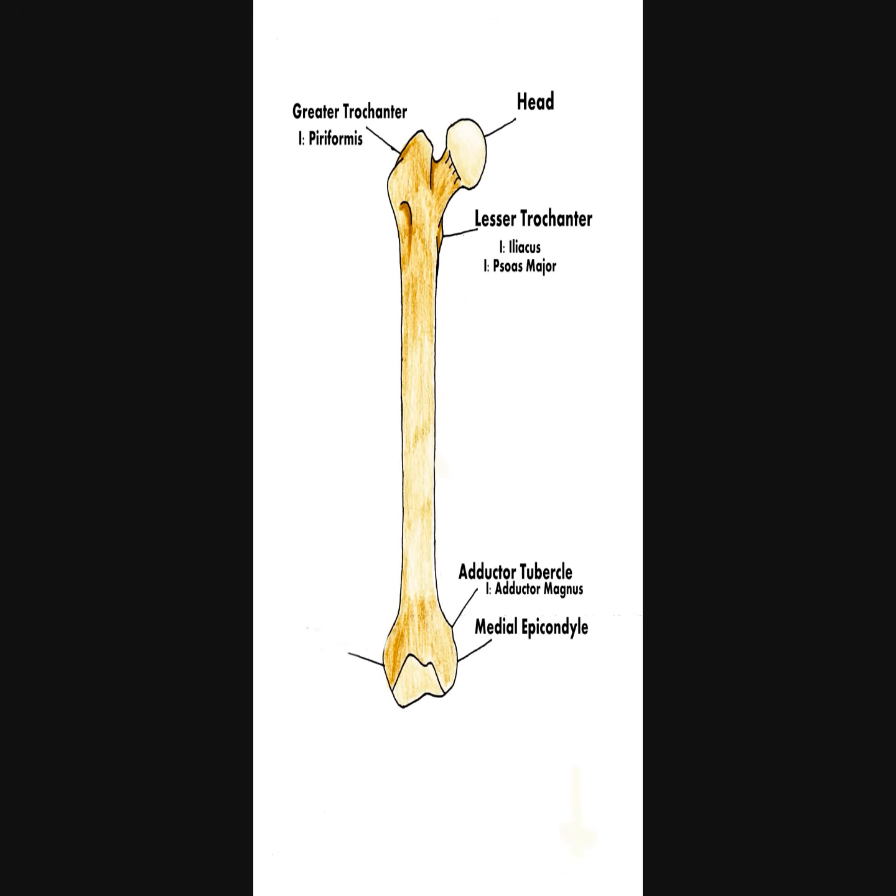On the medial side, we have the medial epicondyle. Medial epicondyle on the medial side of the femur. And if we have a medial epicondyle, of course, the opposite of medial is going to be lateral. So we also have a lateral epicondyle on the other side.